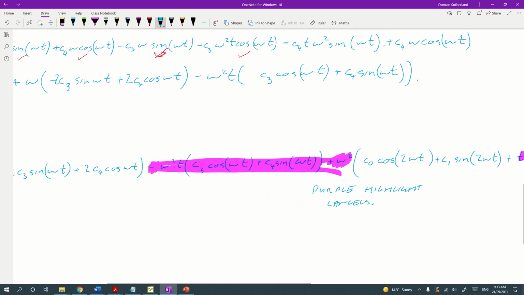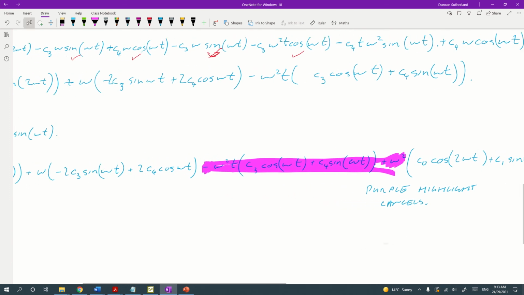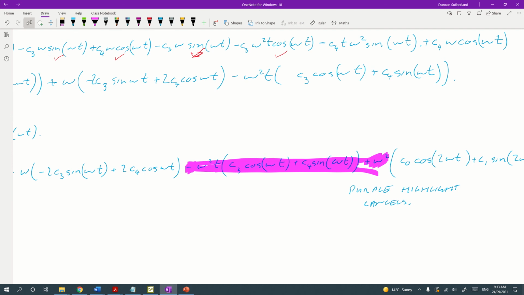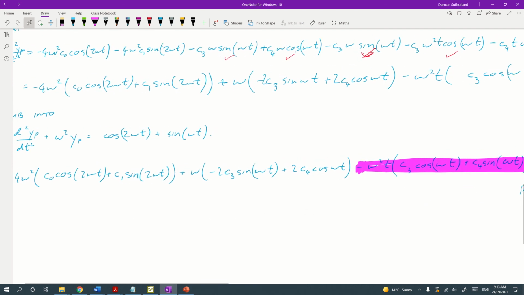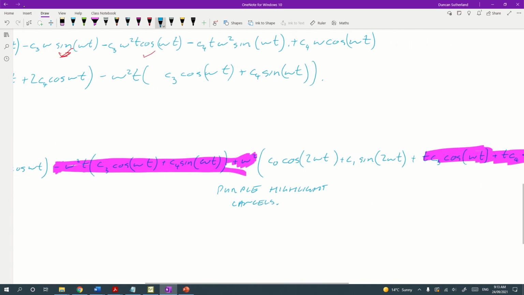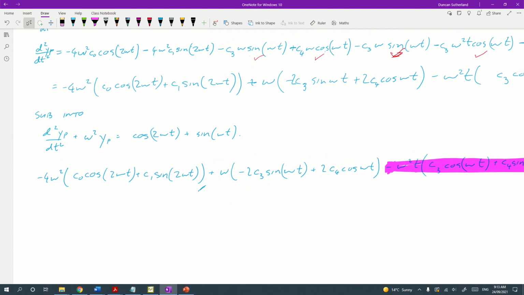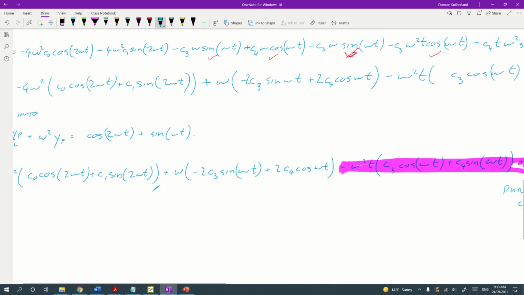Alrighty, so we then have this term, and these terms here are going to add up. So we've got a minus 4 omega squared, all the sine things.